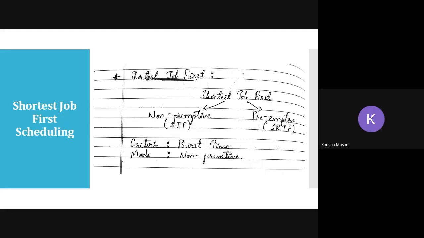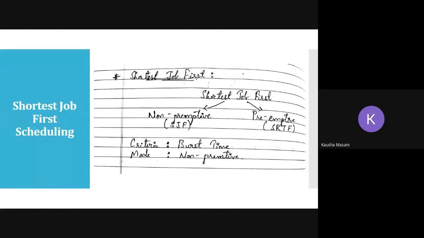All right. In your shortest job first, we are going to go with two kinds of approaches in the algorithm. One is the preemptive approach and one is the non-preemptive approach. We have discussed it so many times. What is preemptive and what is non-preemptive?